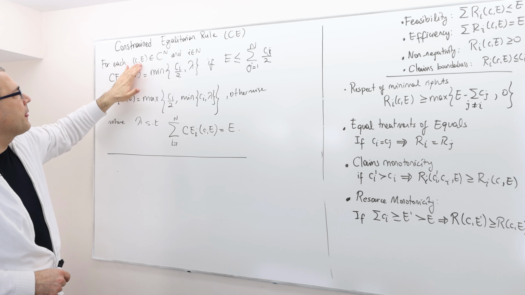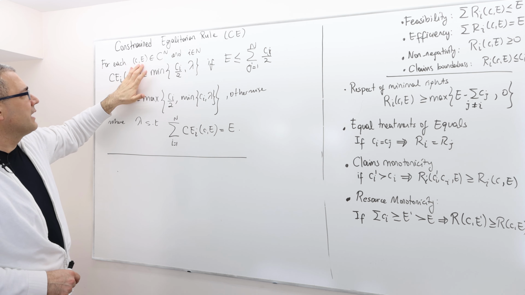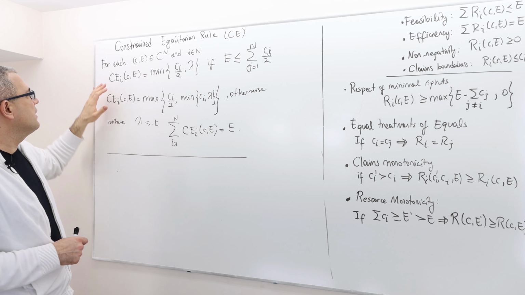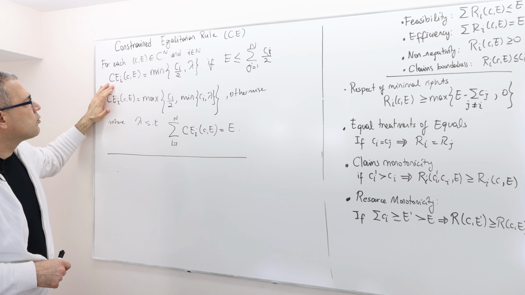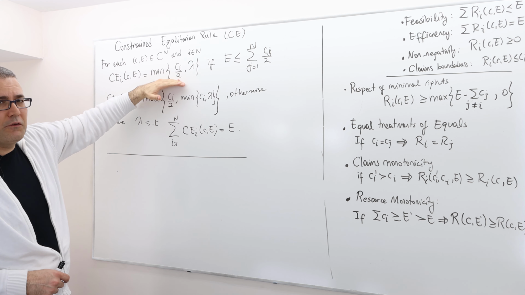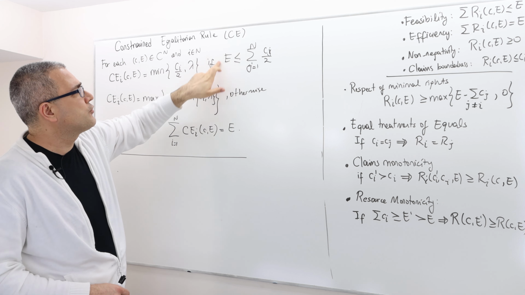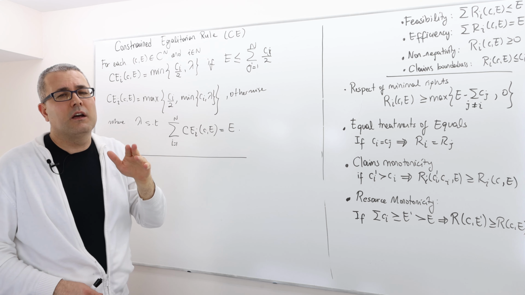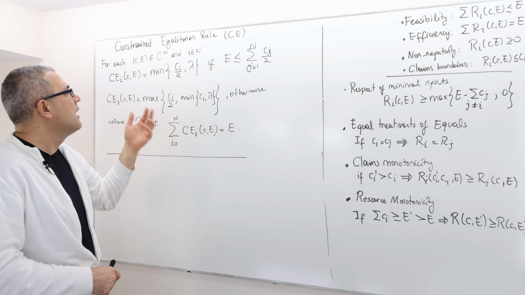So for any claims problem, CE, and for any player i, or the agent i's reward is equal to the minimum of half of his claim, or lambda, if the surplus is less than the sum of half the claims.